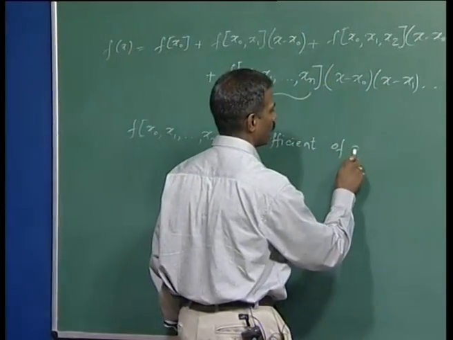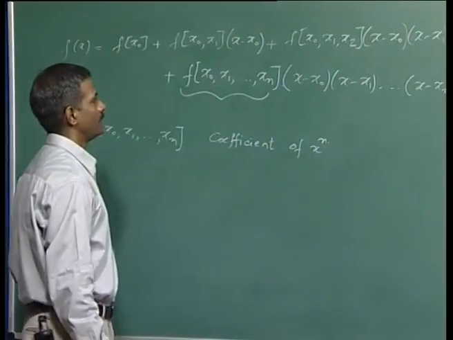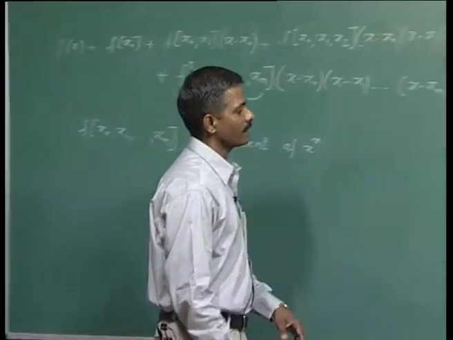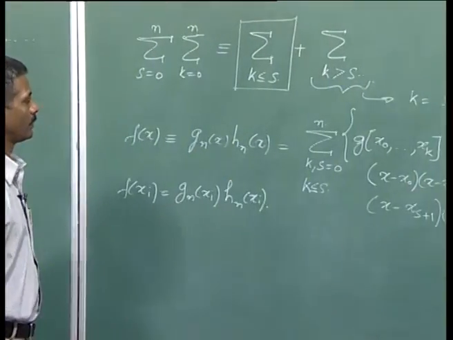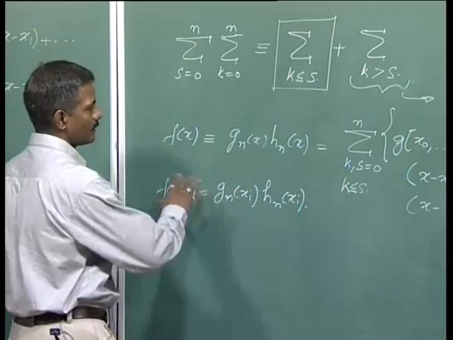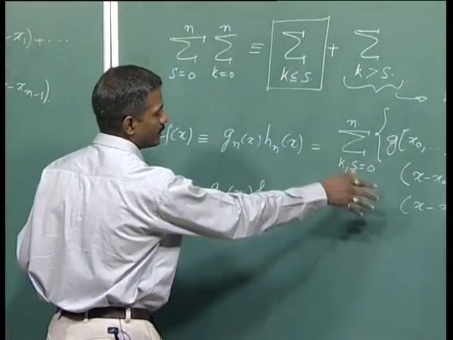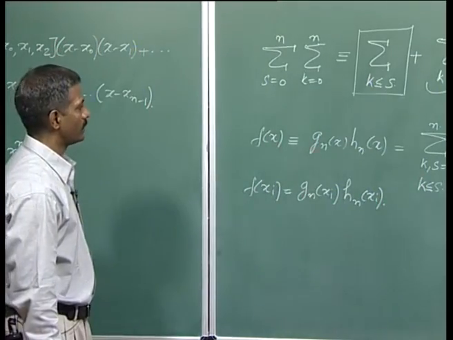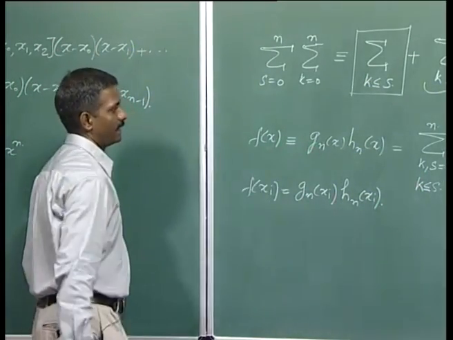The coefficient of x raised to n is called the leading coefficient. Now, let us try to come back here. This again pretty much looks like a Newton polynomial in f in some manner.